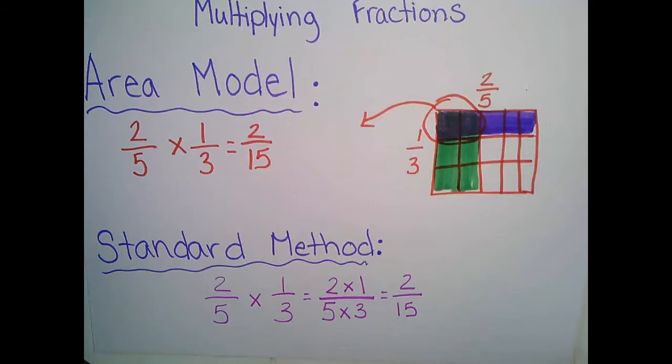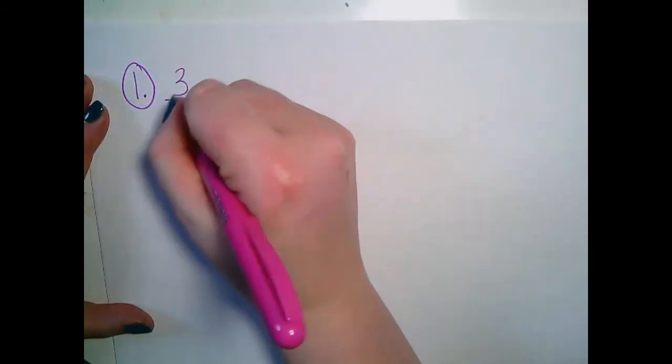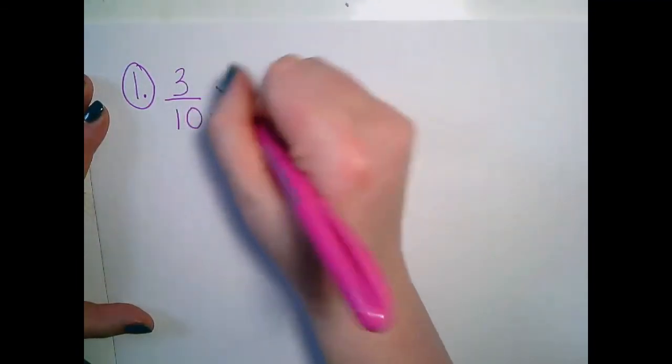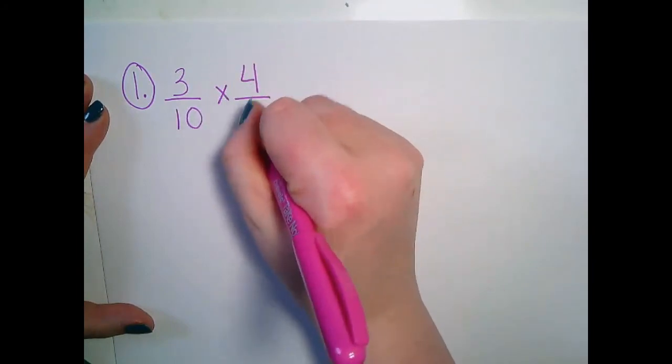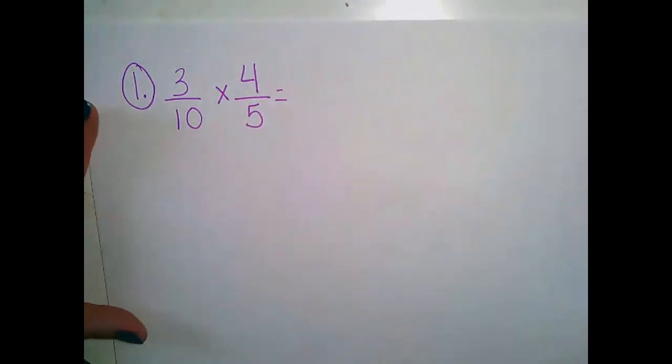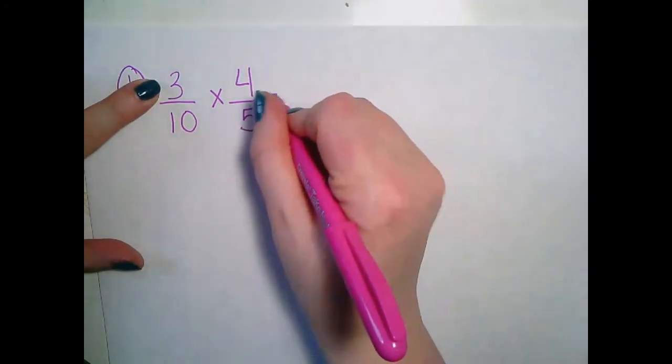So let's practice some of these together. All right, first problem. Let's do 3/10 times 4/5. So knowing what we just talked about, we can multiply the two numerators and the two denominators. So for the numerators, what am I going to be multiplying together?